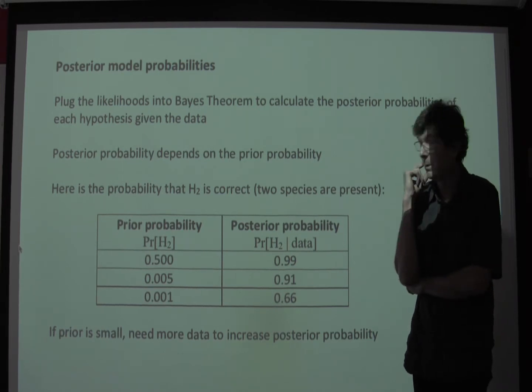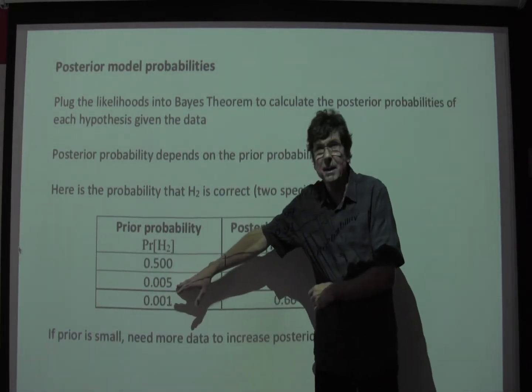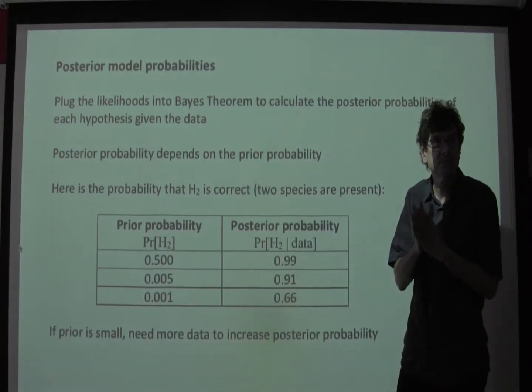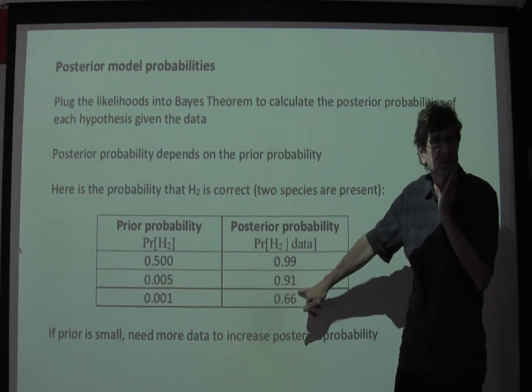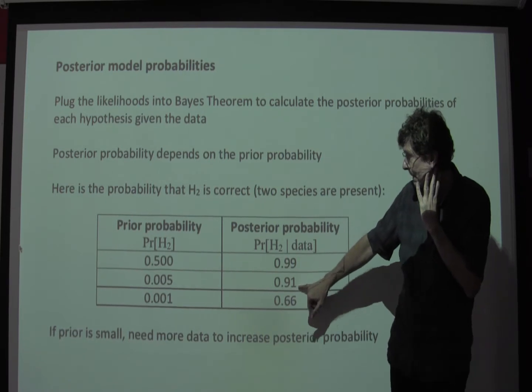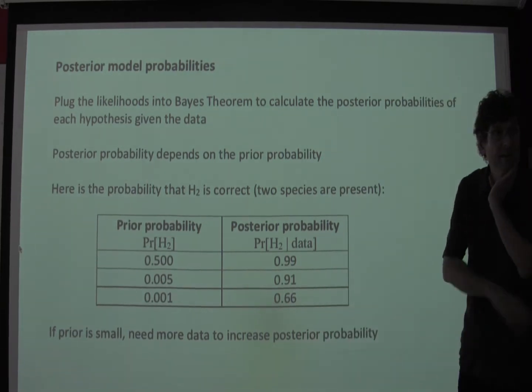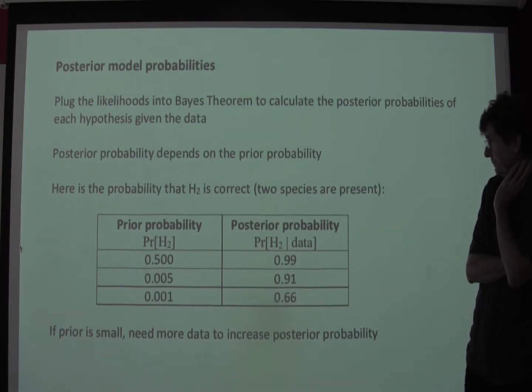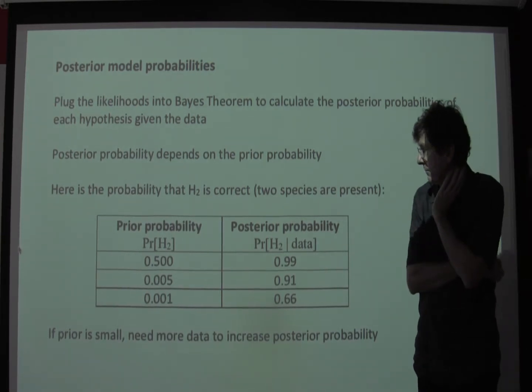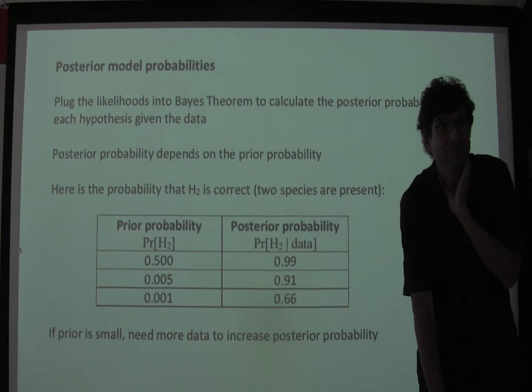So the chances of there being 2 a priori might actually be relatively small. 5 in 1,000. And in that case, the evidence is weaker that there's 2 species in the lake, particularly if they're very rare in nature.